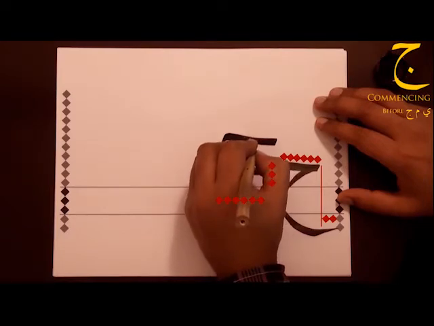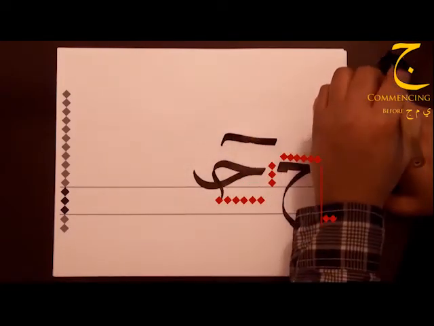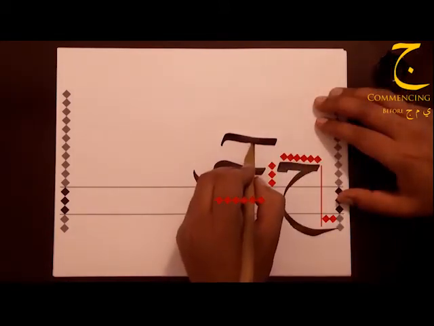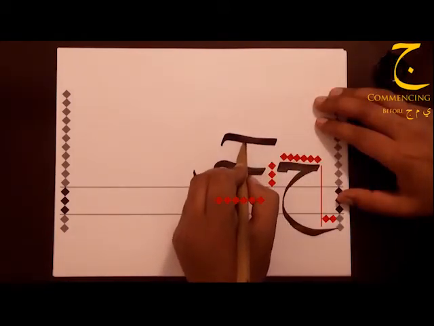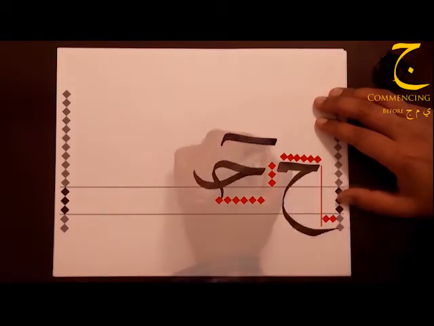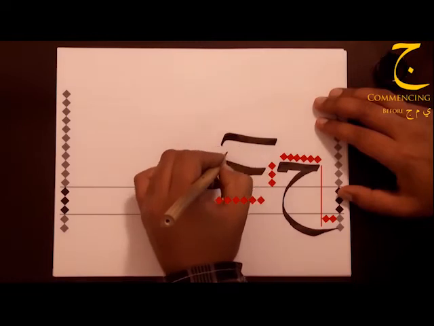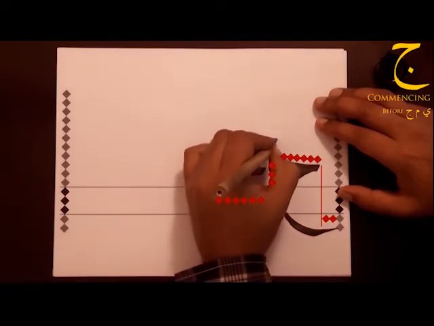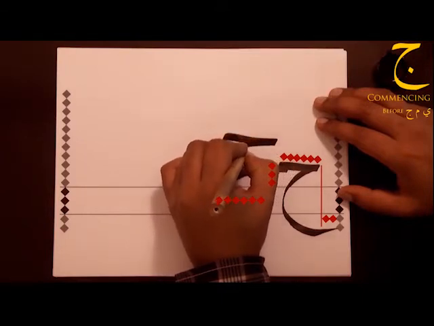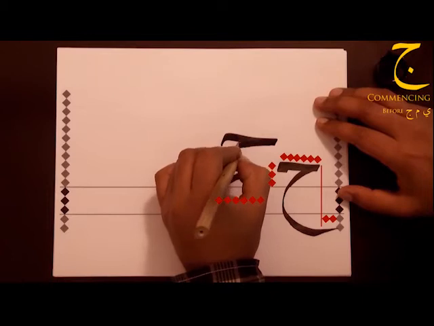So the initial stroke would be very similar to the initial stroke of the individual letter. And so I am curving inwards as opposed to outwards. Just like that.